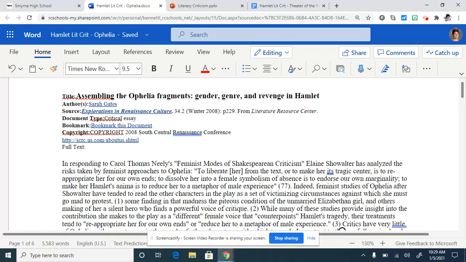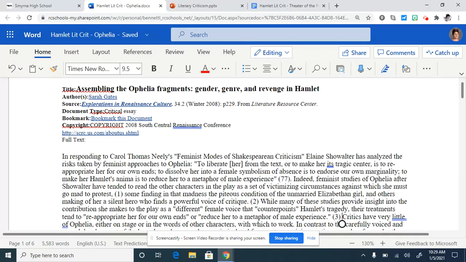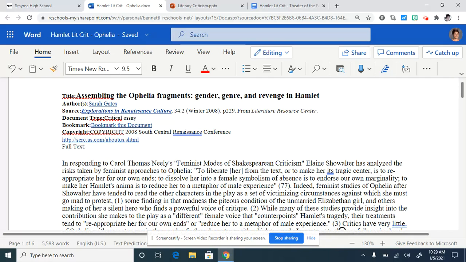Don't worry. We're going to start with ones that are much shorter and more approachable. This one is only 6 pages long, which makes it kind of on the shorter side of critical articles. But we're just going to read the introductory paragraph of this one so you can see what these articles look like and how some of the pieces we just talked about show up in the articles. And then we're going to read an even shorter one together.